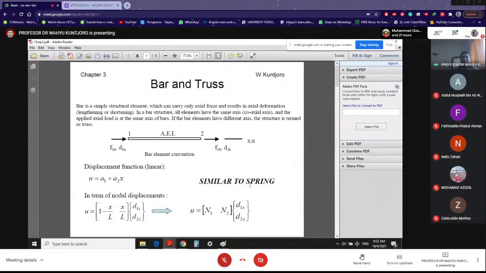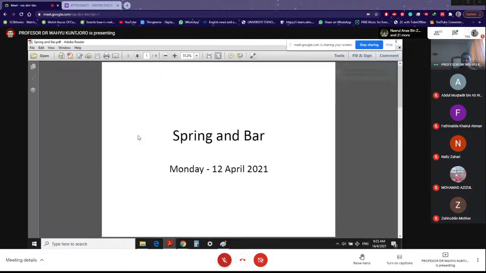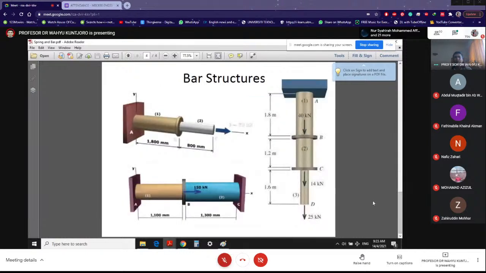Let me check. Do I have that one here, spring and bar? I hope you still remember. We talked about this on Monday. So this is bar structure.